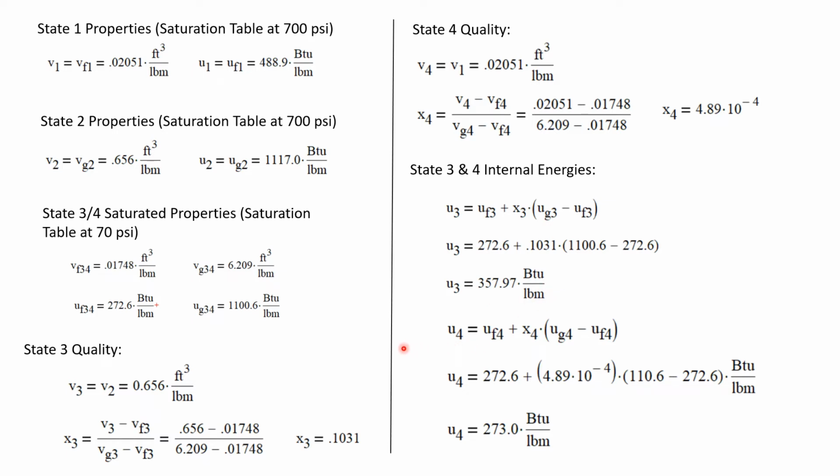Do the same thing for state 4. The internal energy at state 4 is just U sub F plus the quality at state 4 times U sub G minus U sub F, all of these values being state 4 values. We plug those in and we get the internal energy at state 4 is 273.0 BTUs per pound mass.